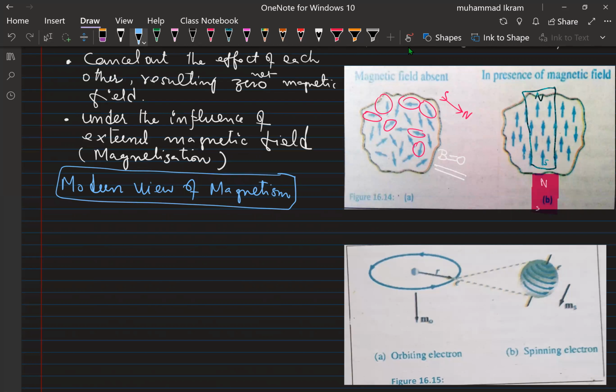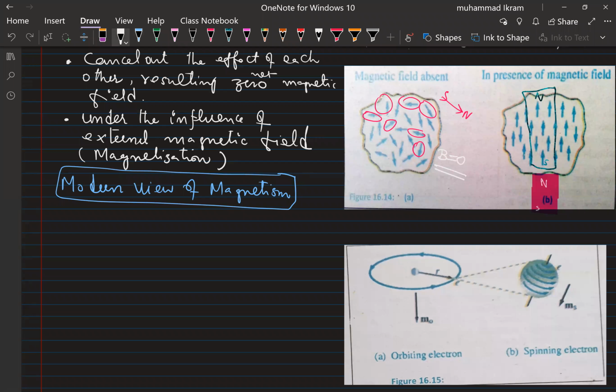Okay, now what is meant by the modern view of magnetism? The modern view of magnetism explains the magnetic properties of certain substances.